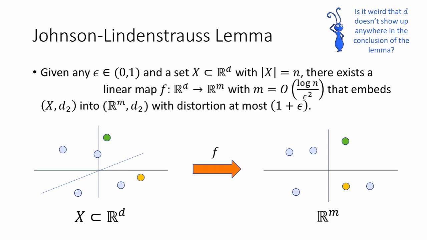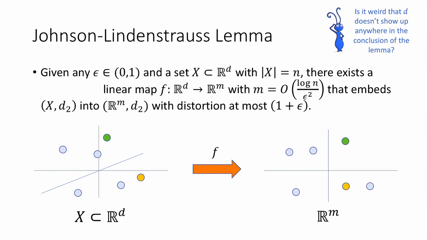Given any epsilon in (0, 1), and any set X in R^d of size n, there exists some linear map f, which maps R^d into R^m, where m is big O of log n divided by epsilon squared, in particular much, much less than n. And this linear map f is going to embed our set X with the L2 metric into R^m, also with the L2 metric, with distortion at most 1 plus epsilon.